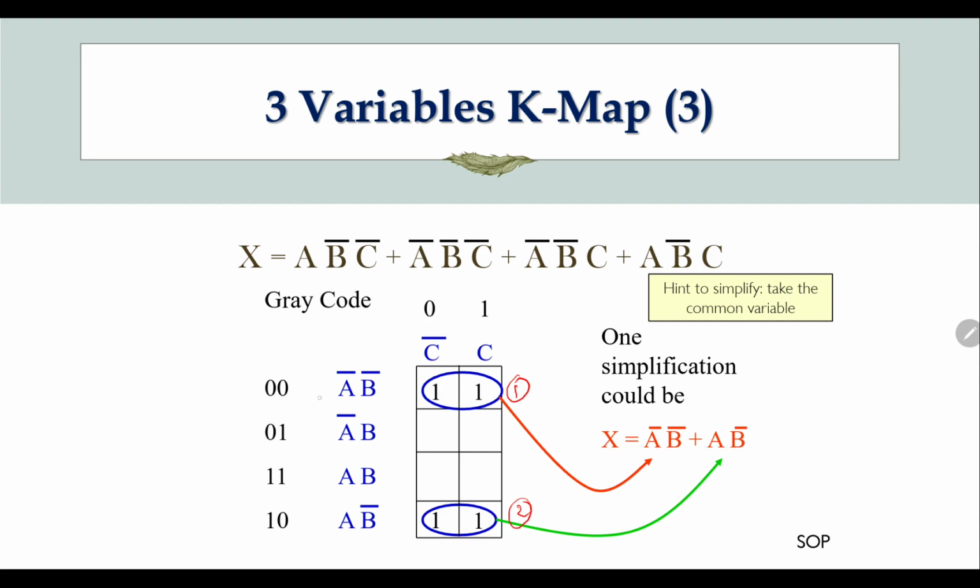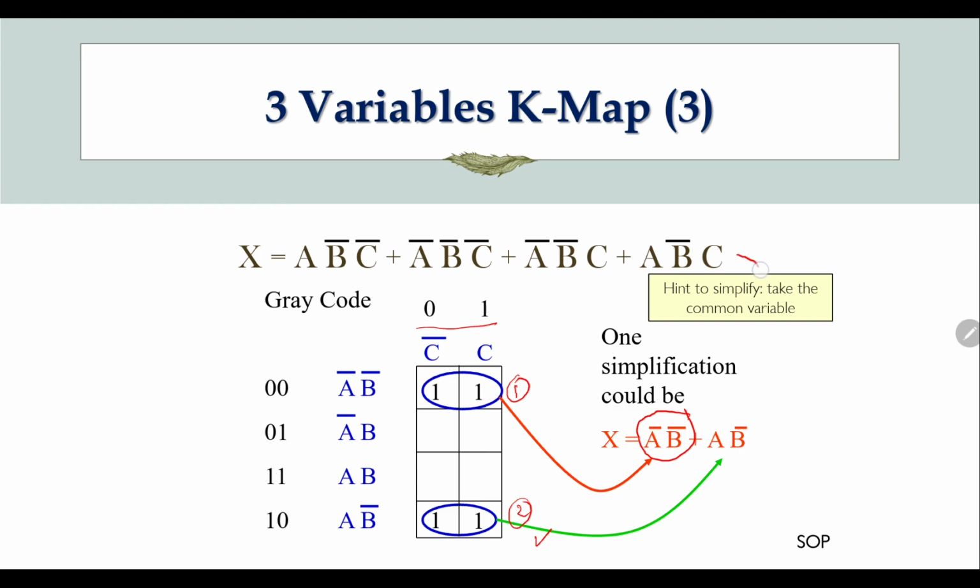A and B don't change because there is only one A and one B, so you read them as A bar, B bar. C changes state from 0 to 1, so you don't read C. For group number 2, there is only one A and one B bar, and C changes state, so you read A, B bar.